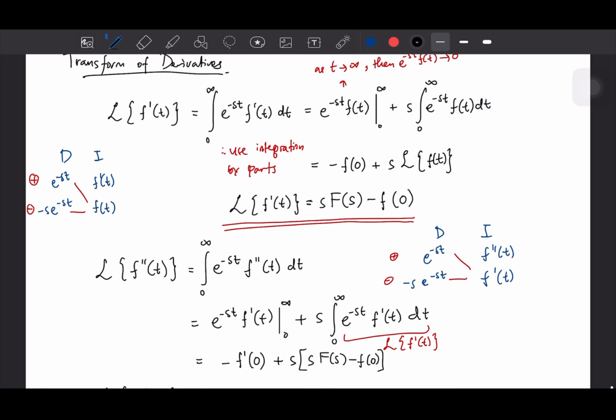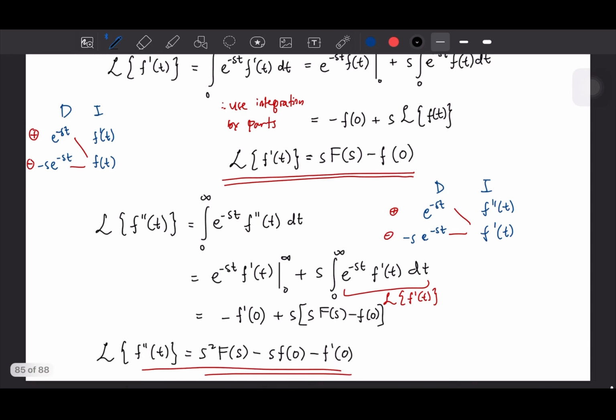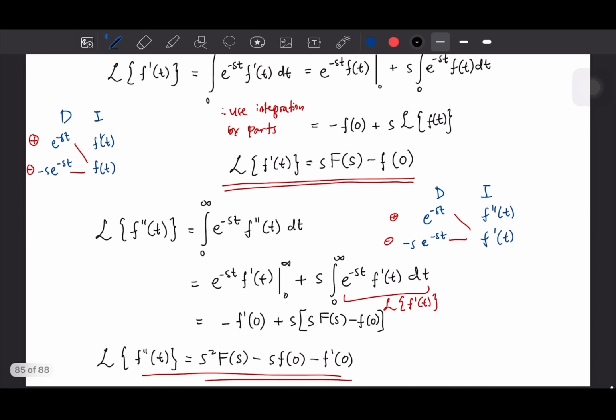When we take the second derivative, we get more power, like s squared: s squared F(s) minus s f(0) minus f prime(0). You can imagine it with more and more orders. So Laplace transform is really useful to solve more complex problems in differential equations. If we take more orders, you will see the pattern.